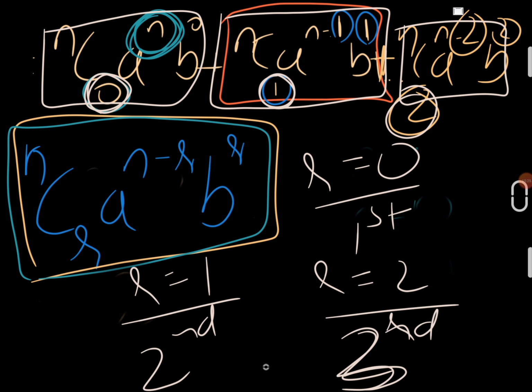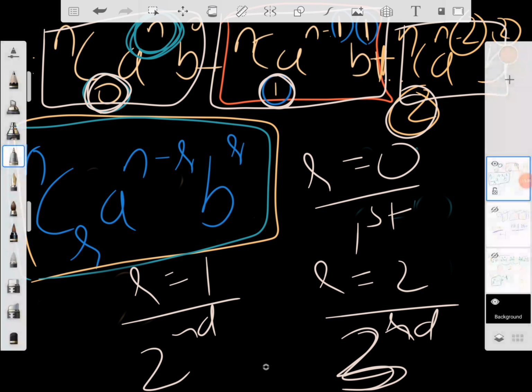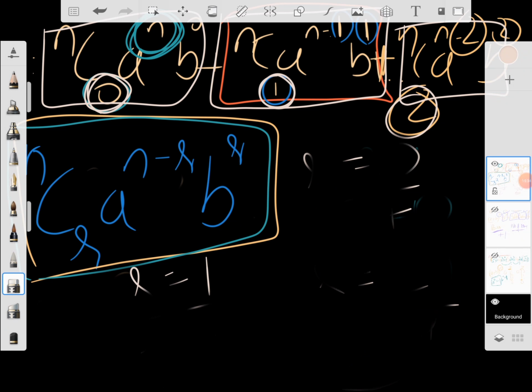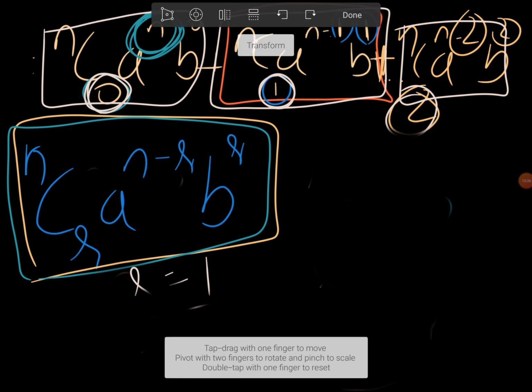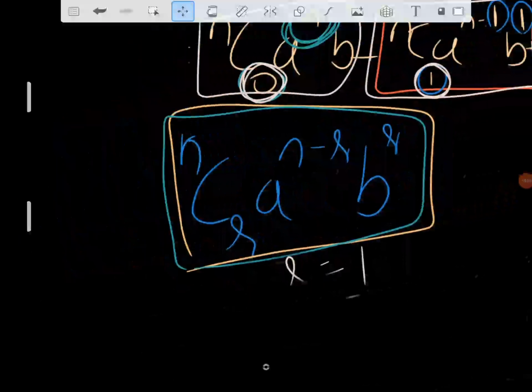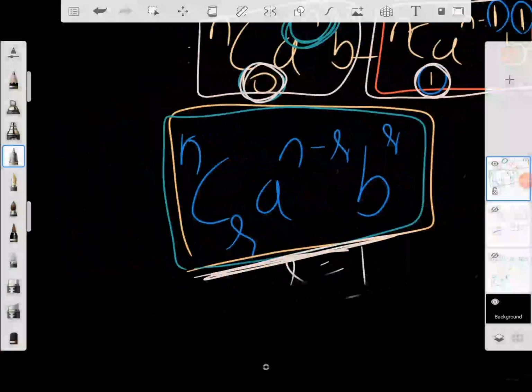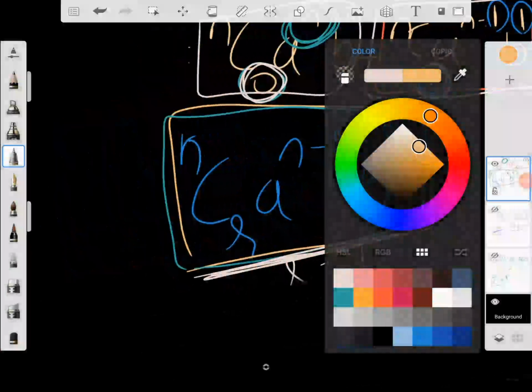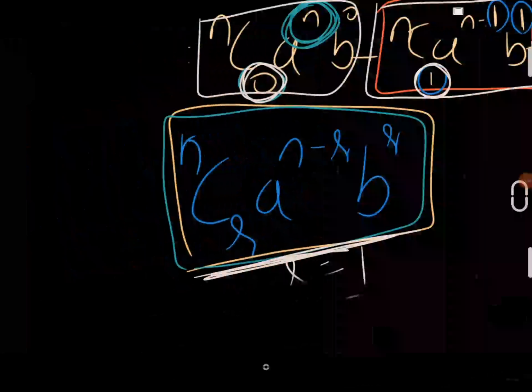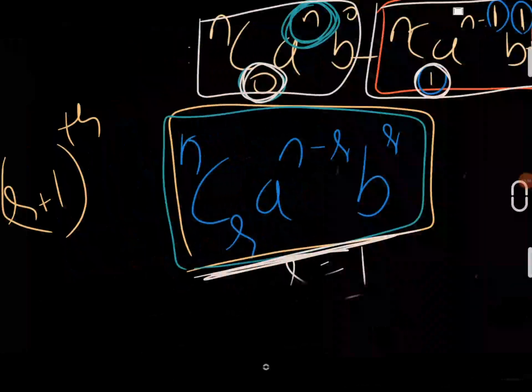What do you understand from this? What we can understand is that when we use this formula, nCr into a to the power n minus r into b to the r, what we are actually getting is the r plus 1th term.